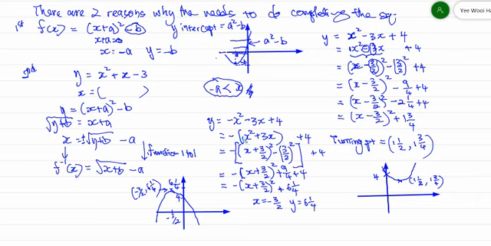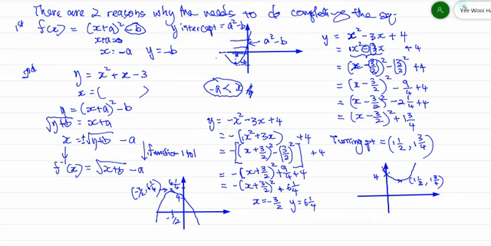The important thing, before you do any completing the square, you must have a positive 1x squared plus 3x. So that's why I removed the negative. Now if you have a coefficient of x squared which is not 1, then you also have to remove it.